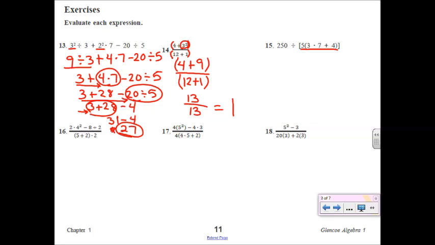So we're going to look at 3 times 7 plus 4, and inside, order of operations, multiplication comes before addition, so we would do 3 times 7 first. So we would have 250 divided by, I'm going to call the square parentheses brackets, and 3 times 7 is 21.